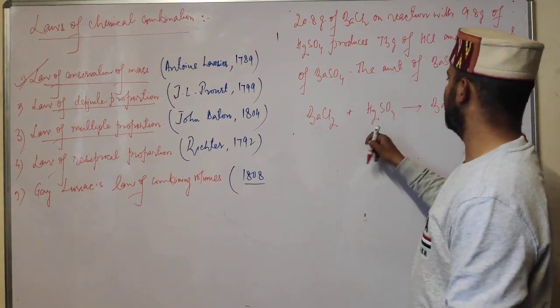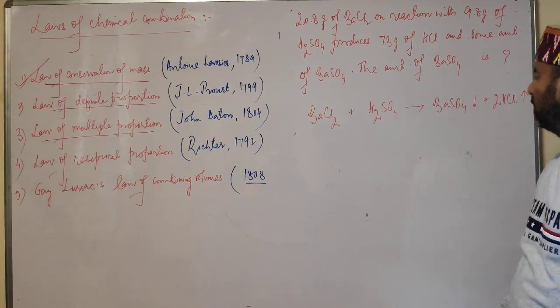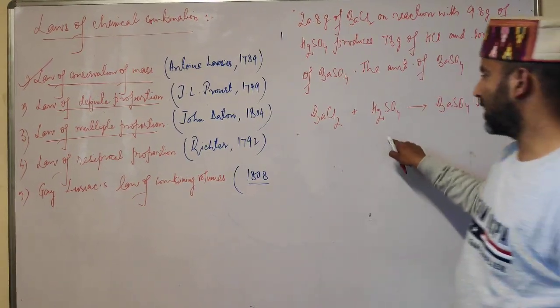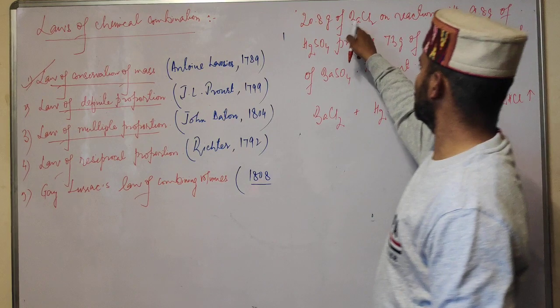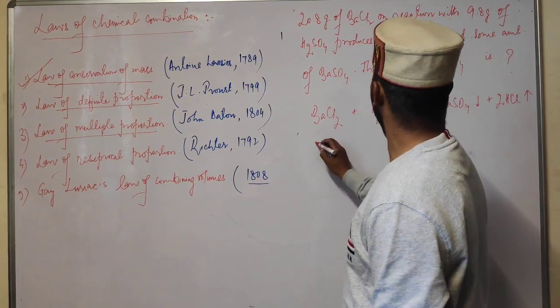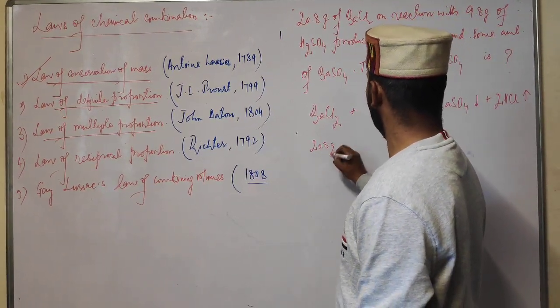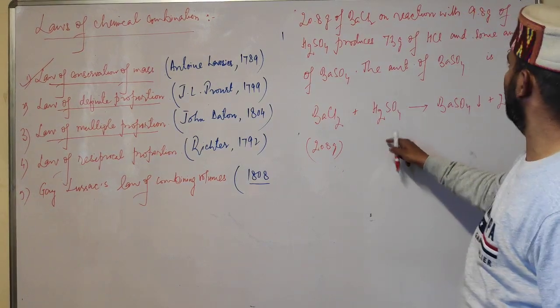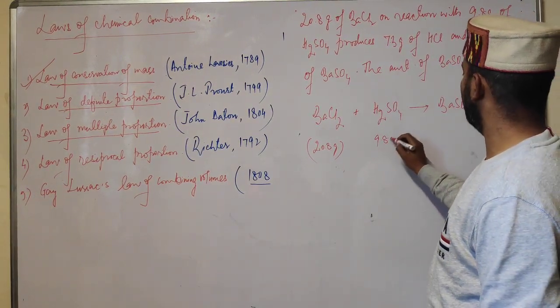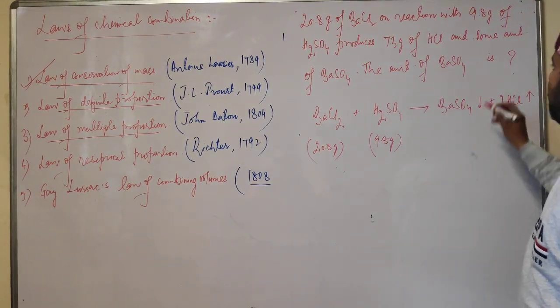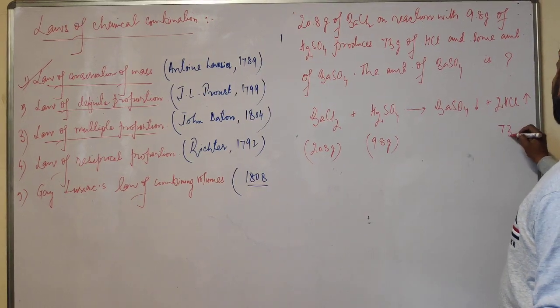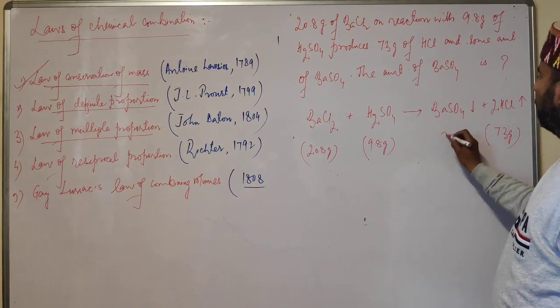So when we balance this, it is already balanced. Now students, this is a chemical reaction. Now mass of barium chloride is given, it is 20.8 gram, and it reacts with 9.8 grams of sulfuric acid and produces 7.3 grams of HCl. So what is the weight of barium sulfate?